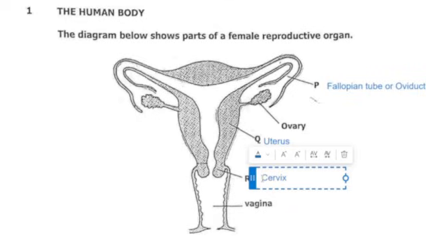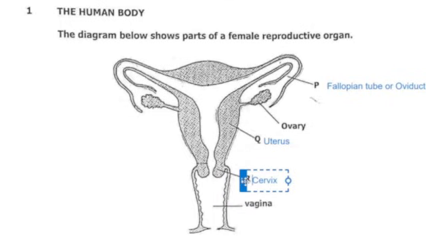Now once we have labeled these parts that are given as letters, we can go ahead and answer the questions. I've done this so that it will be easier for us to refer to this diagram and give answers.